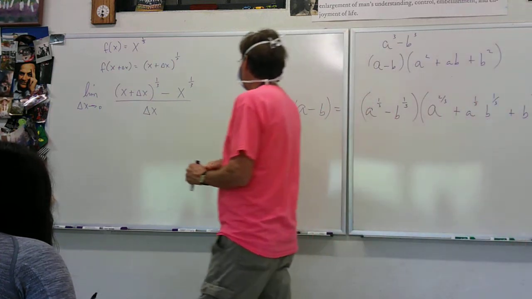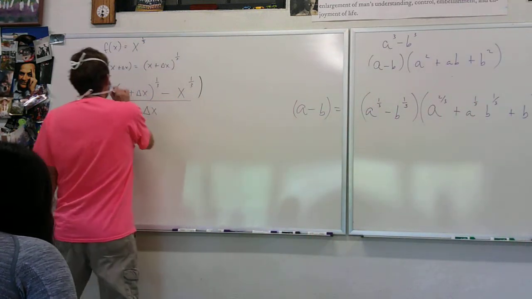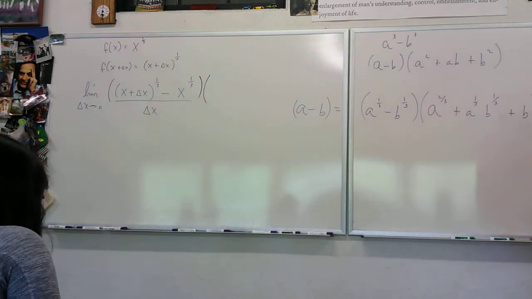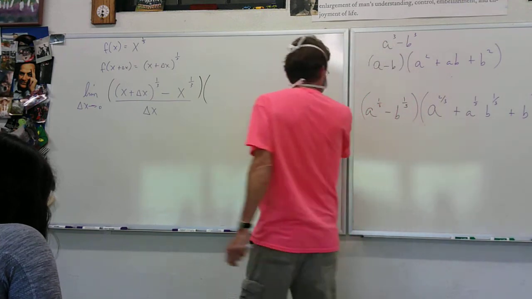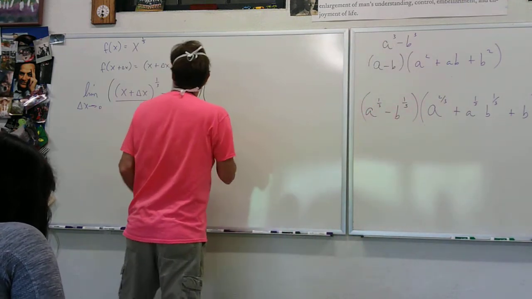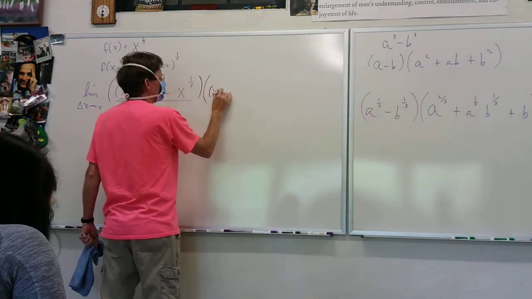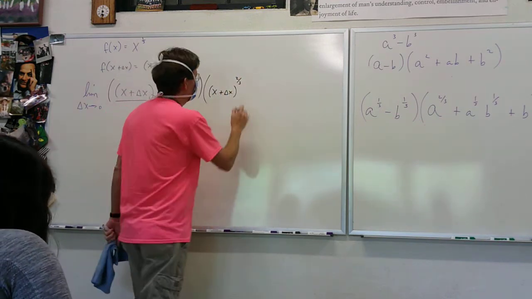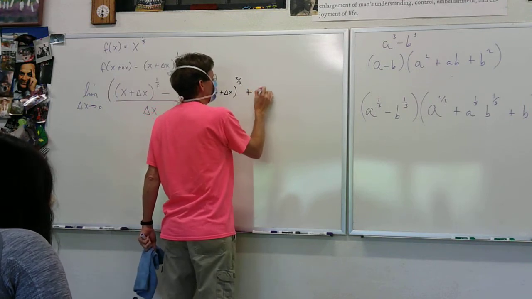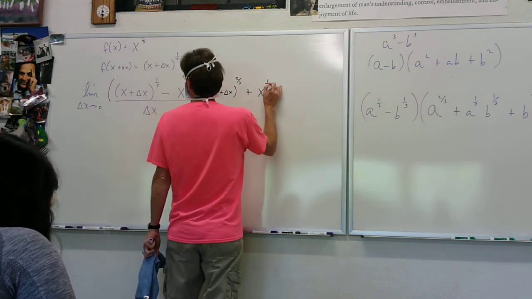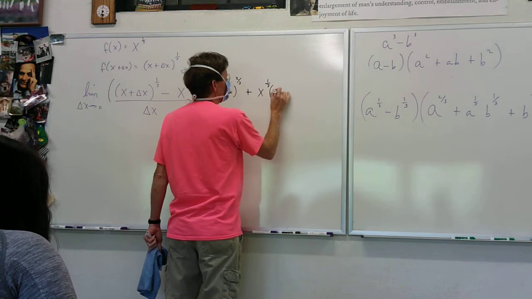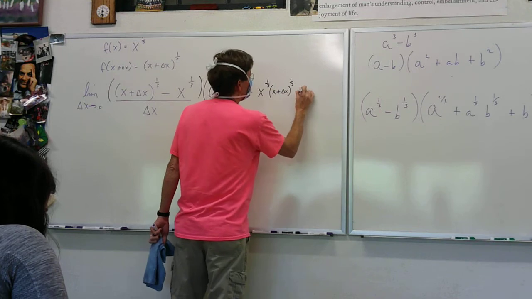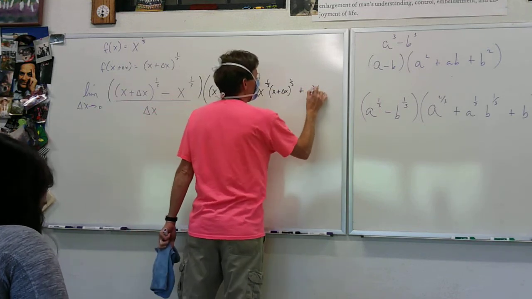Because what I'm about to do is multiply by x plus delta x to the 2/3 plus x to the 1/3, x plus delta x to the 1/3 plus x to the 2/3.